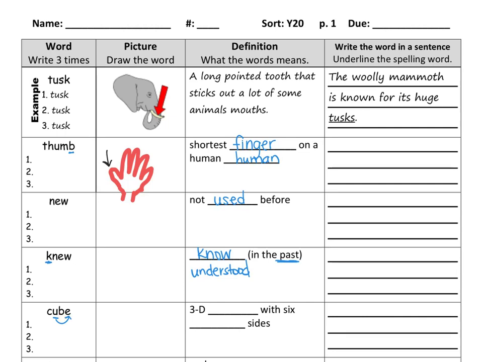A cube is a, read it with me, 3D shape with 6 sides. It is a 3D shape with 6. What shape is this? Is each side? Each side of a cube is a square.